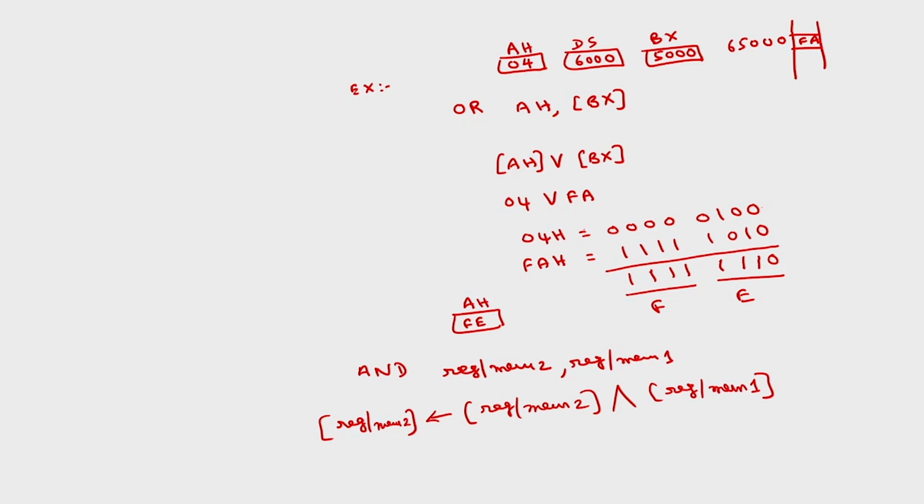Similarly, we have exclusive OR operation also, XOR. Symbol for this one is XOR. Same thing, register 2 slash memory 2, comma register 1 slash memory 1. So, the same operation, both cannot be memories here also. In all the instructions, both cannot be memories simultaneously.